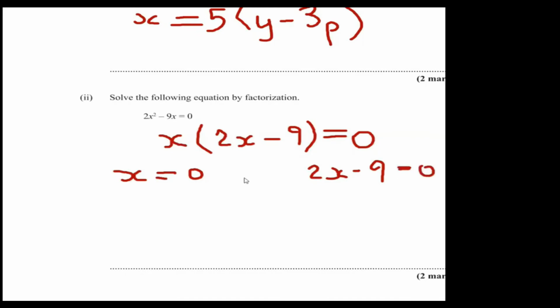That means that if 2x minus 9 equals 0, then 2x is equal to 9. And if 2x is equal to 9, we can divide through by 2 to say x is 9 over 2. That is x. Nice and easy. X is 9 over 2, and that's how we solve this equation by factorization. Nice and easy, no issues.